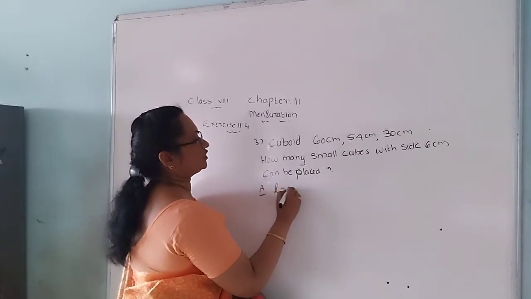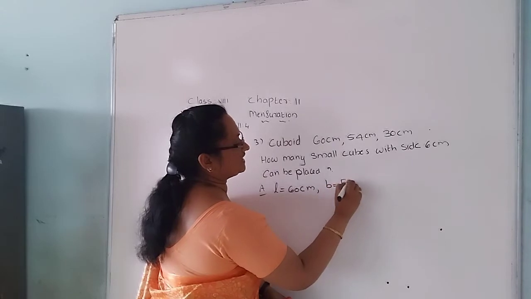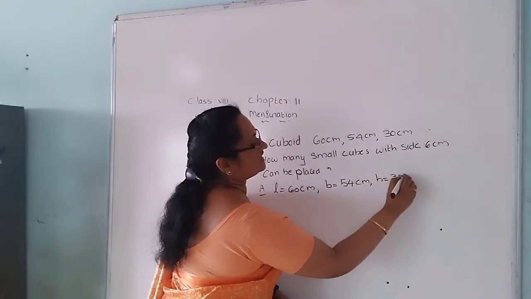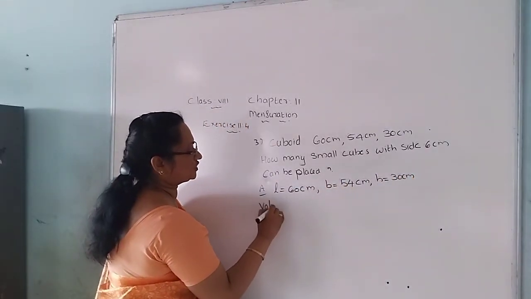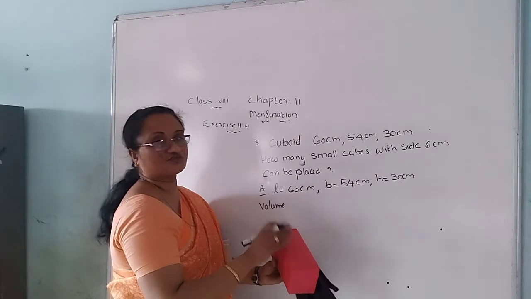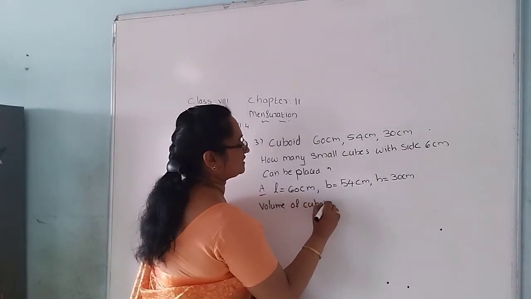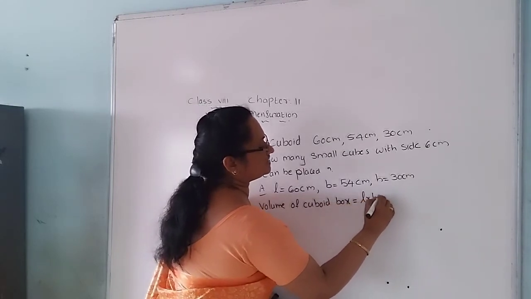Length of the cuboid is given as 60 centimeter. Breadth of the cuboid is given as 54 centimeter. Height of the cuboid is given as 30 centimeter. Then first we find the volume of the cuboid box. Volume of the cuboid is equal to, the formula is length into breadth into height.